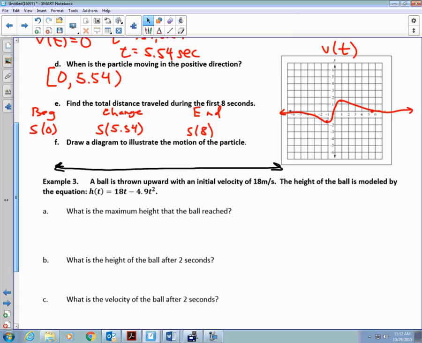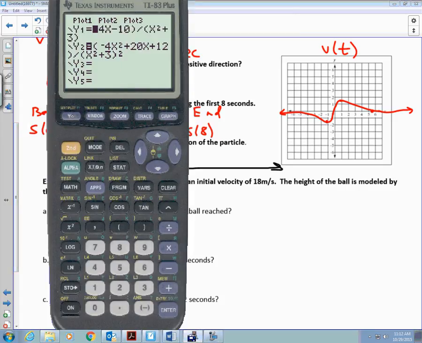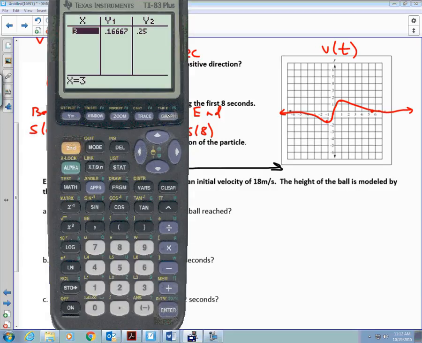S of 0. Which one of my functions represents S? The top one or the bottom one? Top one. So I'm going to turn that one back on, go to my table. I type in 0. What is my position at time 0? Negative 3.333. That's my position.